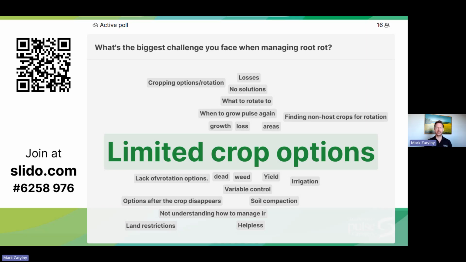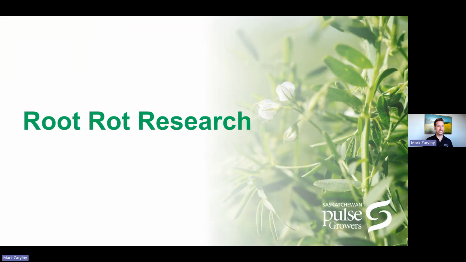But trying to find ones that fit and can help resist Aphanomyces and other root rot pathogen infection is a difficult challenge to manage. Hopefully, when we go to the research section, it will give some hope to growers that there is potentially a light at the end of the tunnel for dealing with the root rot complex. So I will get into that research now.